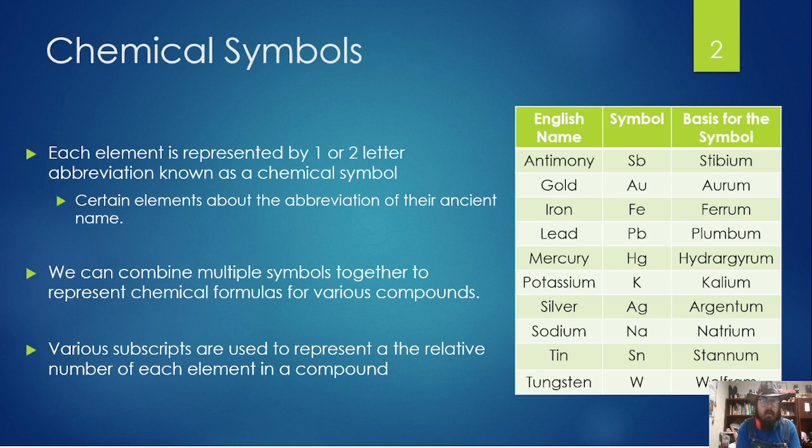We'll use subscripts on those compounds to represent the relative number of each element in there. So if it's CO2, that subscript of 2 tells me there's 2 oxygens present, the compound of carbon dioxide. As opposed to CO, no subscript, it's 1 carbon, 1 oxygen.